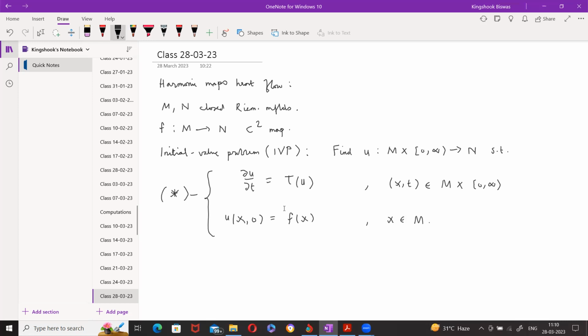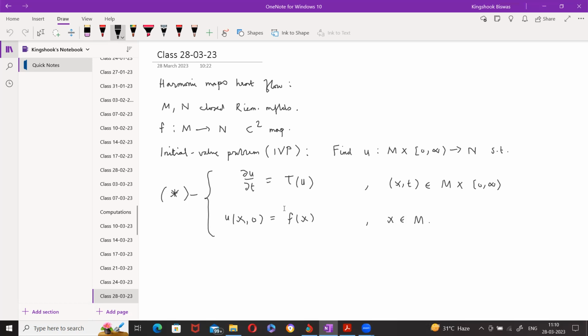And this was motivated by looking at the energy function on the space of maps from M to N. Looking at the first variation of energy gives you a formula for the derivative of the energy in terms of the tension field. That formula you can interpret as saying that the tension field is minus the gradient of the energy function on the space of maps.